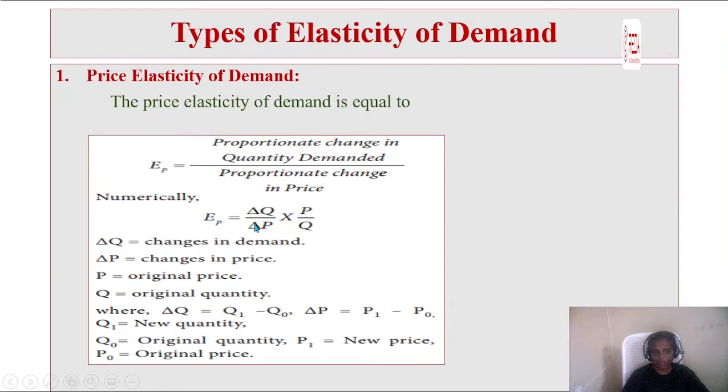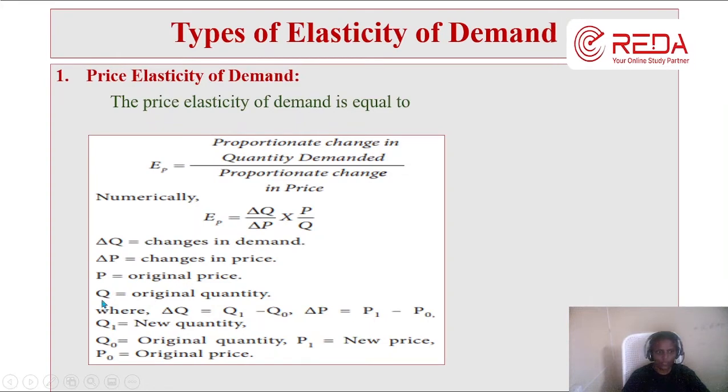For example, a change of 5 rupees for a commodity leads to a change of 5 units of the commodity. Whether the price level is increasing or decreasing, it will lead to a decrease of 5 quantities of the commodity, or an increase of 5 quantities of the commodity. So the change will be the same.